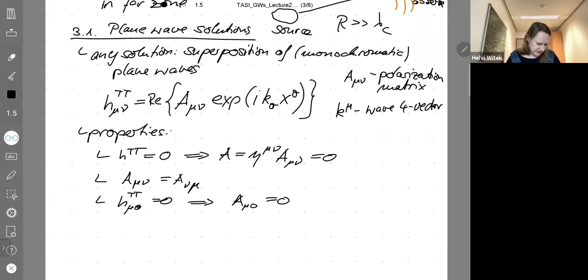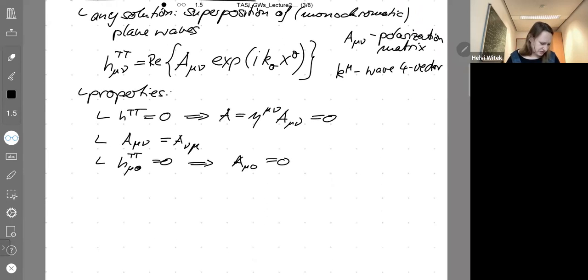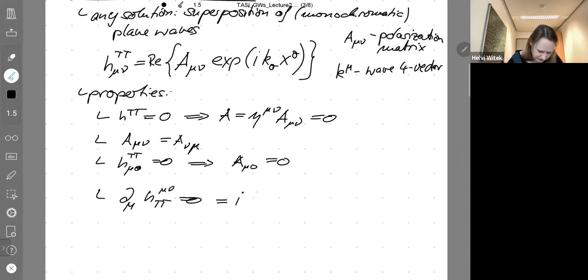The next property follows from the transverse condition. This condition, partial mu h mu nu TT equals 0, implies the following. If I insert our ansatz, that gives us i k mu A mu nu exponential of i k sigma x sigma, equal to 0.